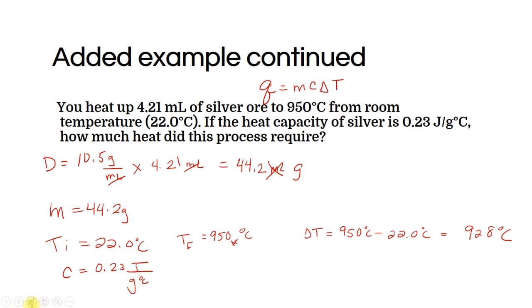So now I have everything I need in order to plug it into the equation, right? So we're trying to find heat. The mass is 44.2 grams, so that's M, times S times delta T. So our delta T was 928 degrees Celsius. The calculator says that my answer is 9434.05.